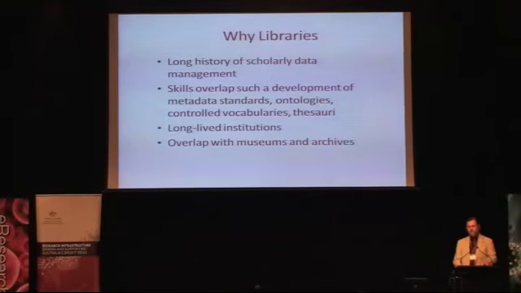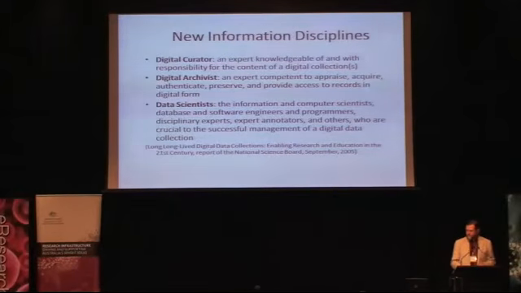We're long-lived institutions. If you give these data to computer science departments, for example, they're not long-lived, whereas you can trust pretty much that the library will be there forever, at least as much as we trust our journal materials, and there is large overlap with museums and archives that exist globally already.